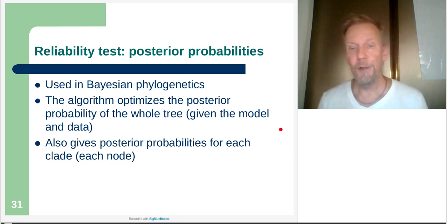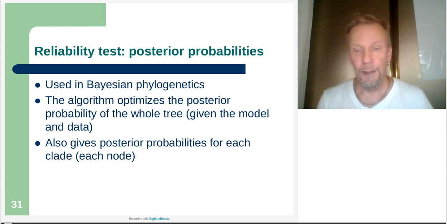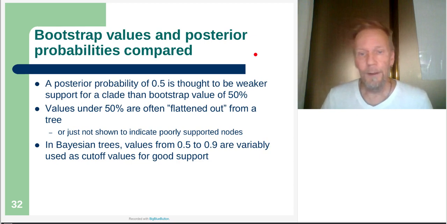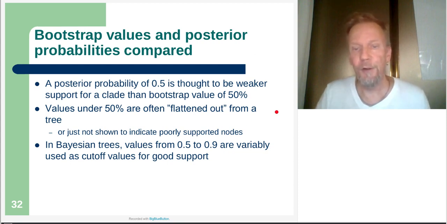So we get the posterior probabilities for the clades, and we get probabilities of how likely our final parameter values are going to be as the most appropriate ones. And the posterior probabilities are values between 0 and 1, and in bootstrapping it's considered that 50% is a nice threshold for accepting a node.